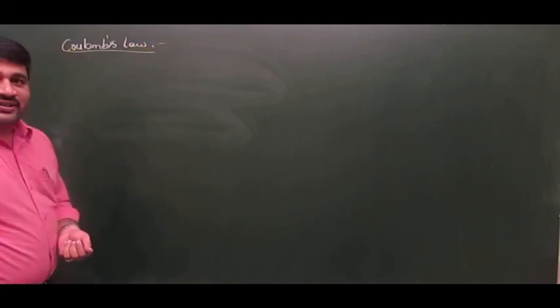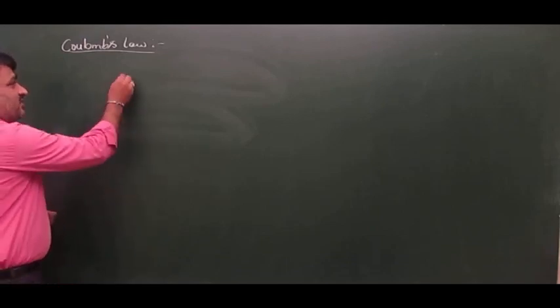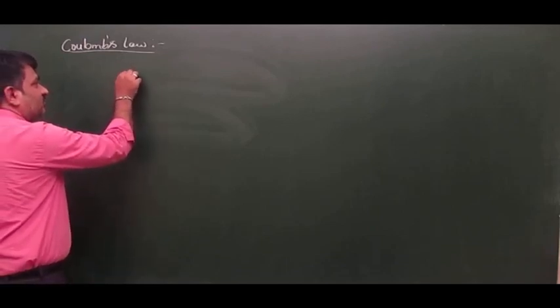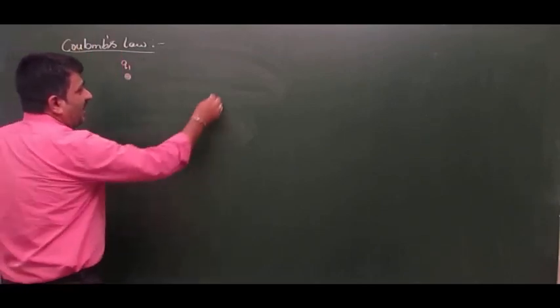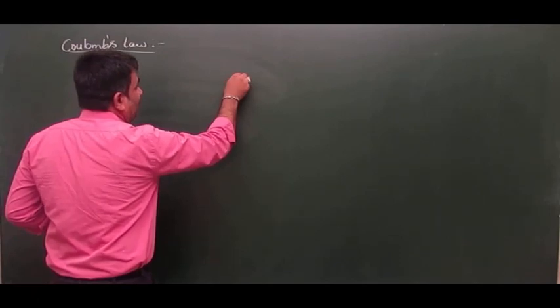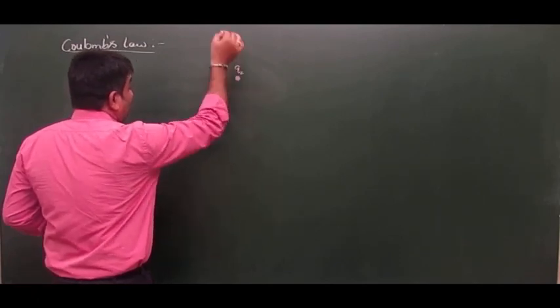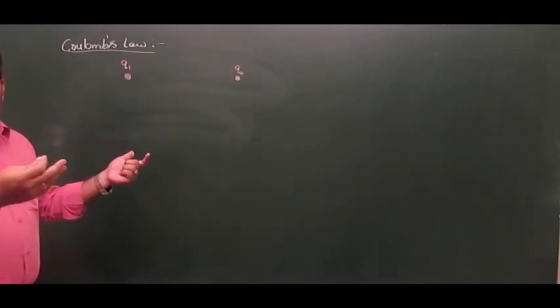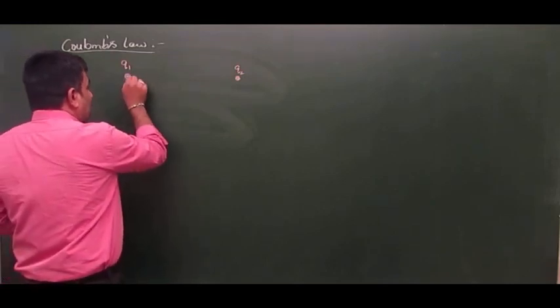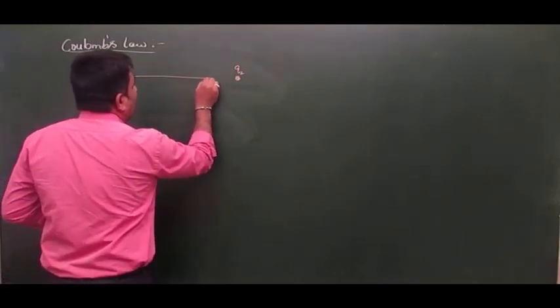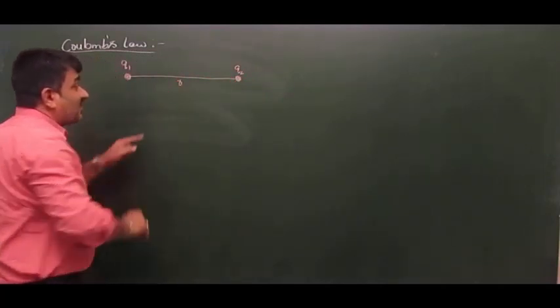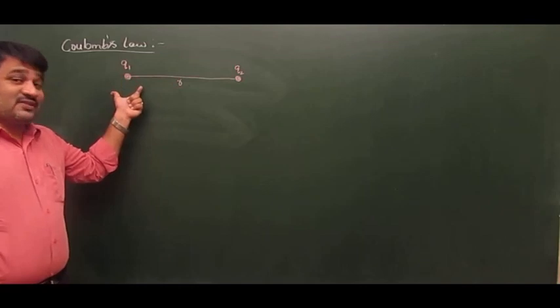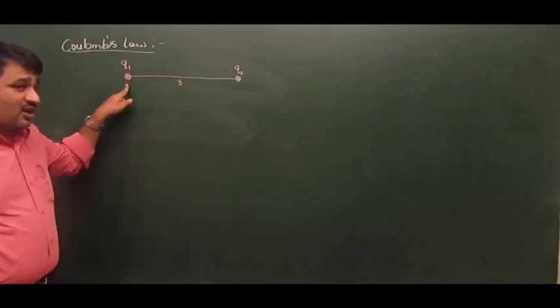As we know, when we consider two charges which are separated by a certain distance, let's consider r. Here one charge is Q1 and the other charge is Q2. We don't know the polarities of these two charges, either positive or negative. See here, the separation between the charges is greater than the radius of the charges.